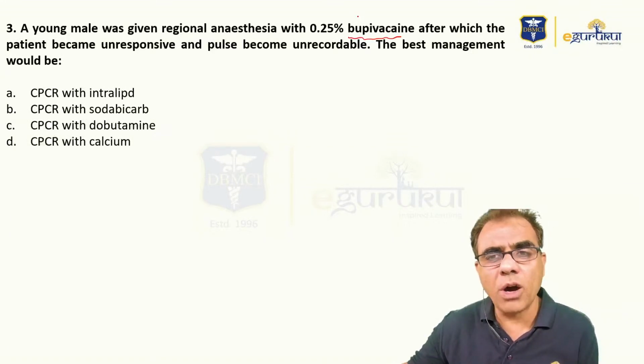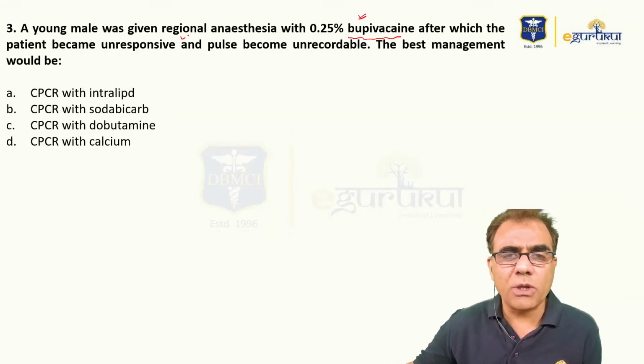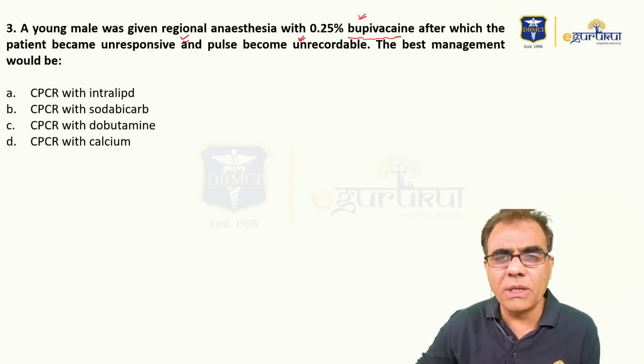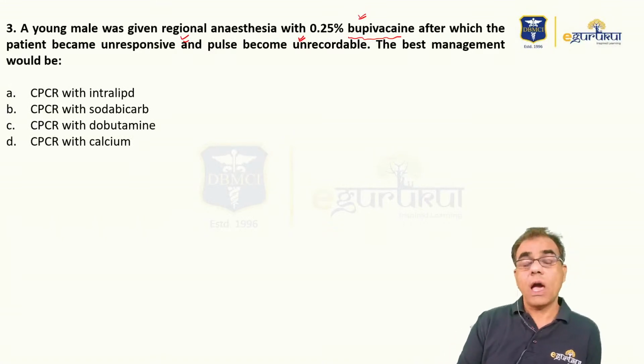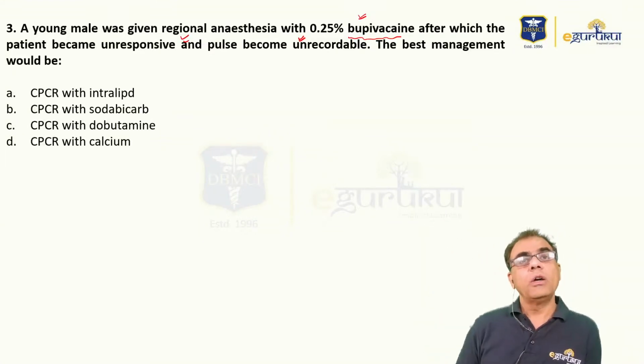Patient was given block and became unresponsive and pulse became unrecordable, means most often this happens if bupivacaine enters intravascular. So then bupivacaine is highly cardiotoxic, and cardiotoxicity can manifest in any form ranging from any kind of bradyarrhythmia to any kind of tachyarrhythmia, and ventricular fibrillation after bupivacaine is not so uncommon, we do see.